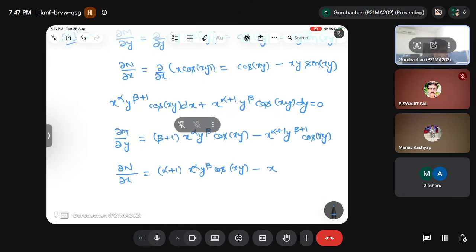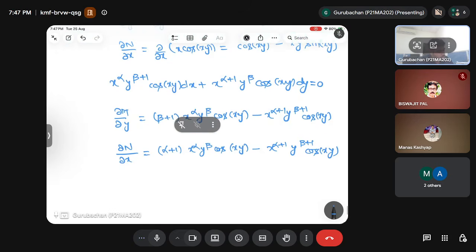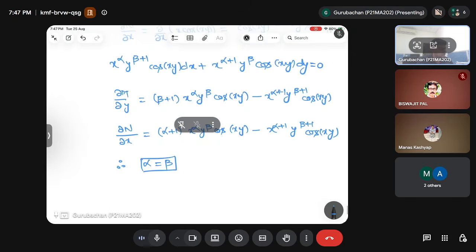That is why we are getting this simple relation, because it is already exact. Therefore alpha must be equal to beta for this integrating factor to behave like an integrating factor.